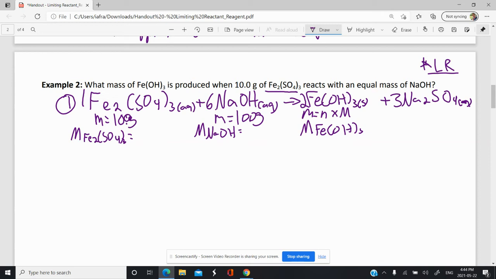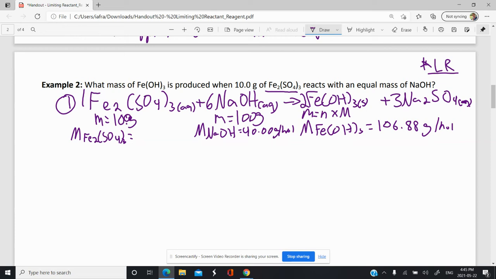So for sodium hydroxide, and you can go ahead and do this with me as well, 22.99 plus 16 plus 1.01, and I get about 40.00 grams per mole. For iron 3 hydroxide, I get 3.03 plus 48 plus 55.85. I get 106.88 grams per mole.